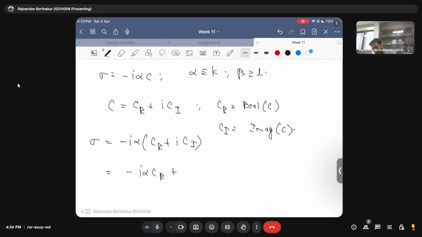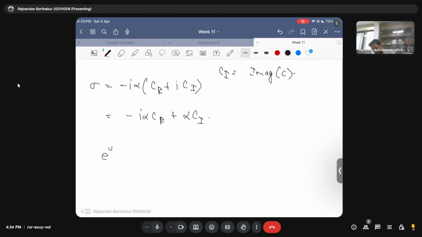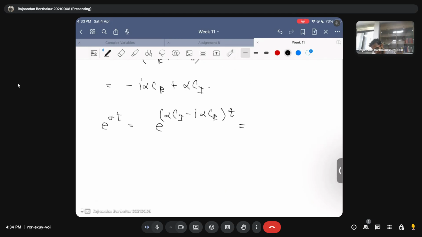So the term e power sigma t, which signifies the growth rate, I can write as e power alpha ci minus i alpha cr, times t. So I can rewrite it as e power alpha ci t times e power minus i alpha cr t.